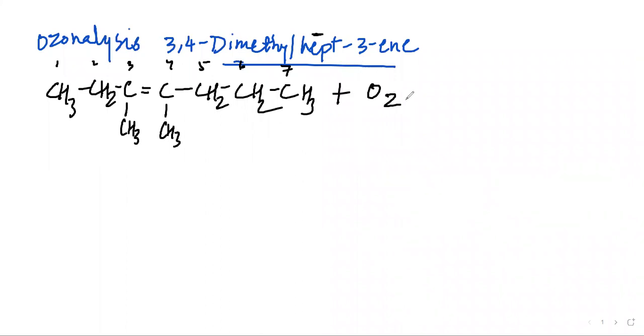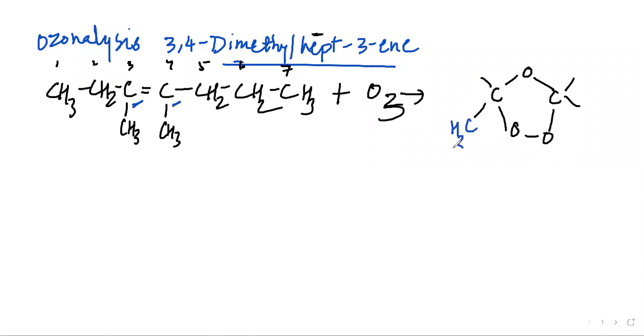Now, my dear students, you add ozone to it. So when you add ozone to it, what happens? Here you can see there is a double bond. This double bond adds the 3 oxygen atoms and gives us the ozonide. And what is left here, let us see. On one side of this carbon we have CH3.